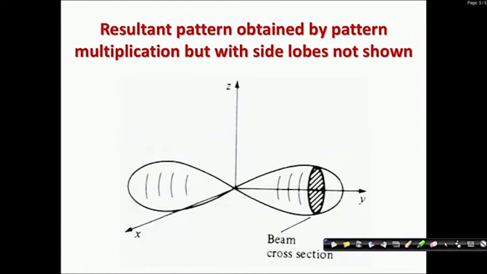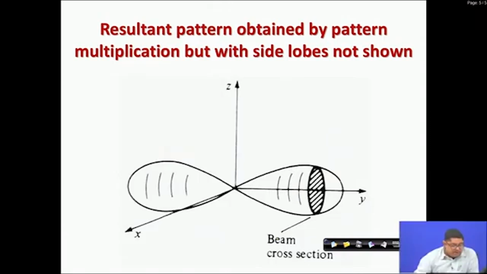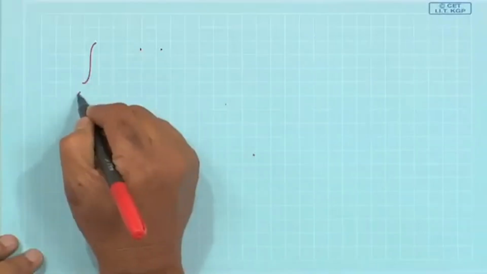Now, if we want to estimate the directivity, it is difficult. For half wave dipole, actually the way we defined directivity for antennas, we will have to have an integral something like this.